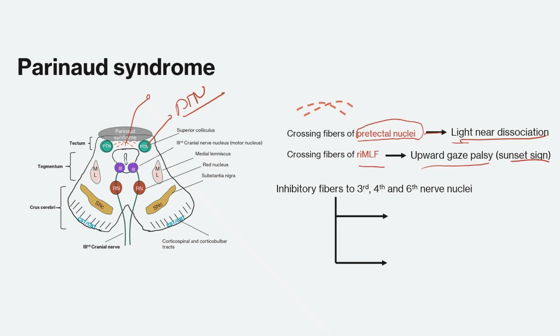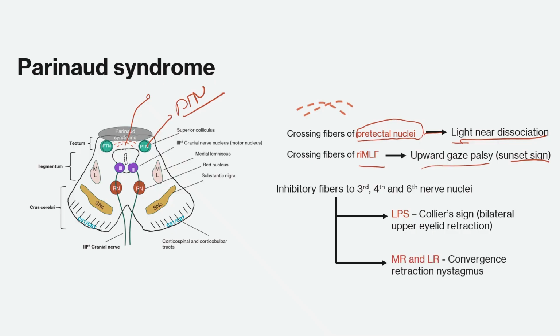So as the inhibitory fibers to these different cranial nerve nuclei are lost, one of the things that will happen is there will be loss of inhibition to the muscle levator palpebrae superioris. So that would lead to retraction of the eyelids, over retraction of the eyelids, and we call it Collier's sign.